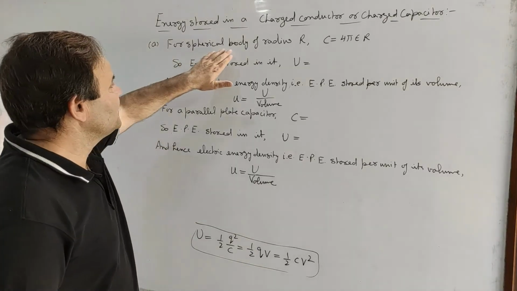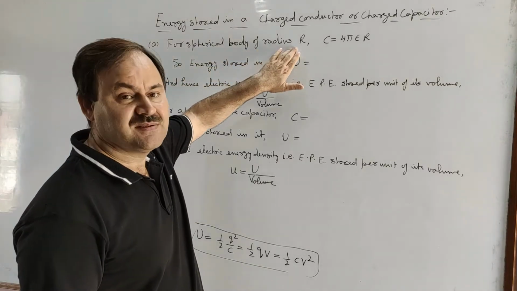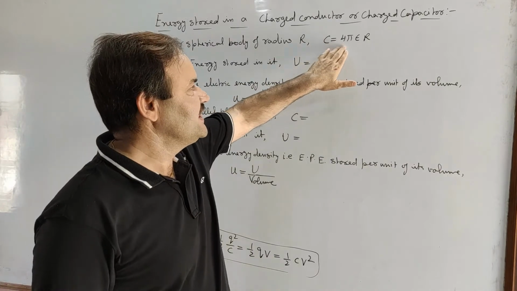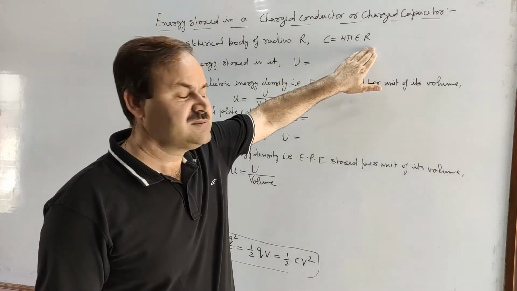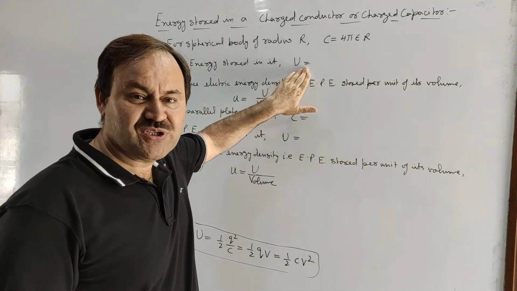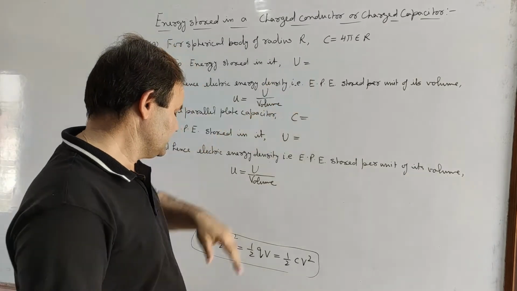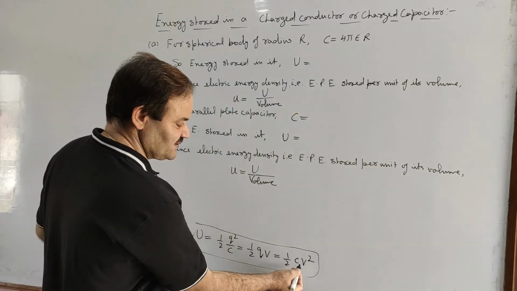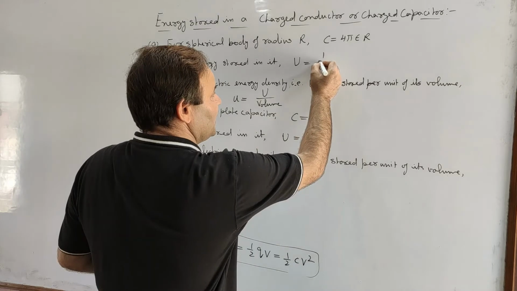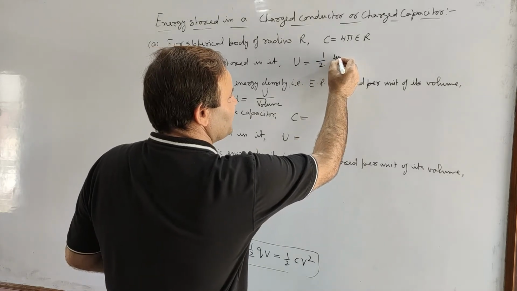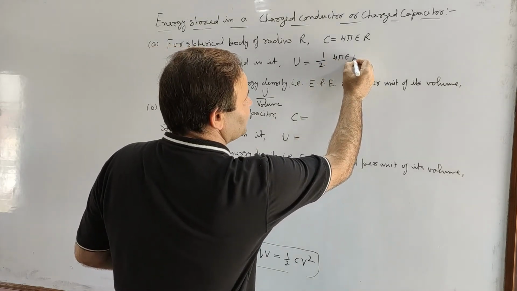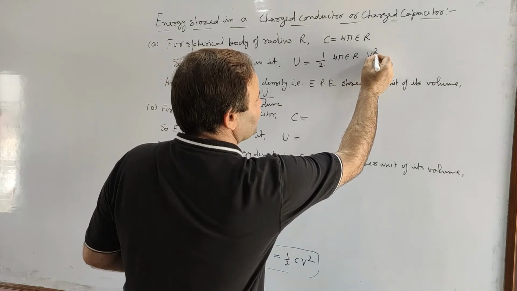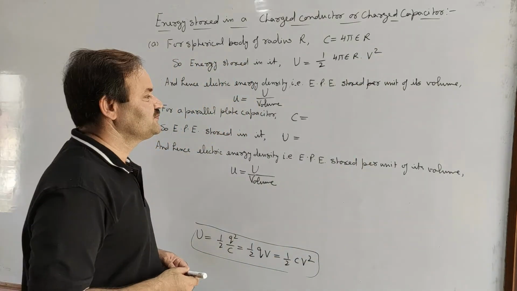For a spherical body of radius r, its capacitance C will be 4 pi epsilon into r. So electric potential energy stored in it will be half CV square. Half C is 4 pi epsilon into r multiplied by V square.